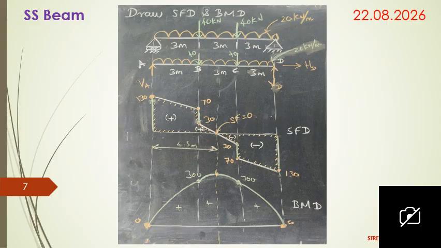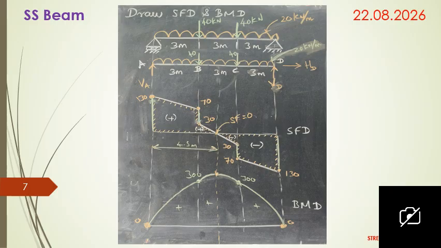So here one thing we can see, at a point between B and C, the shear force value is getting 0. That is, shear force value is coming from positive to negative. That means at a particular point, the shear force value is 0.